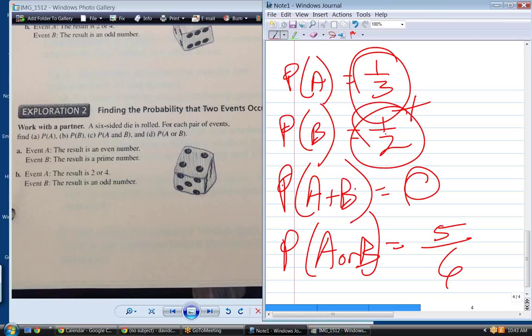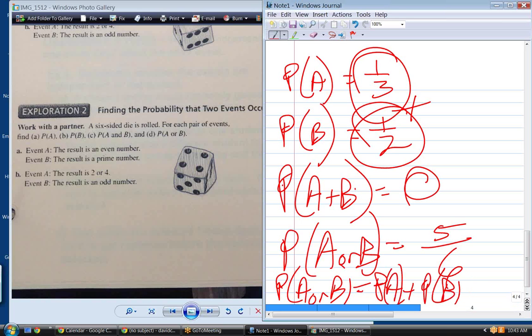Actually, it's that plus that minus that, whether there's overlapping or not. We can say the probability of A or B is equal to the probability of A plus the probability of B minus the probability of A and B. There's your algebra right there. And in this case, A and B was 0.